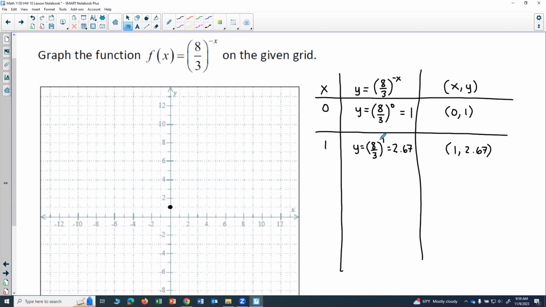And actually, I did that wrong because this should actually be a -x, so -1. So let me actually redo that. Apologies. And let me actually give myself a little more room here when I'm calculating these. Okay, so I want to actually do 8/3 to the -1.